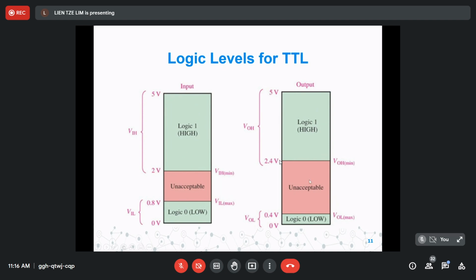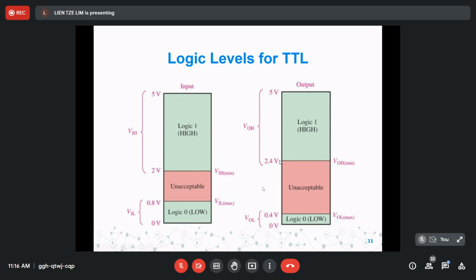For the low voltage level, to be interpreted as logic 0, the voltage must fall between 0 and 0.4 volt. This we call the output low. Other voltage ranges are not acceptable. So these two diagrams are quite important.